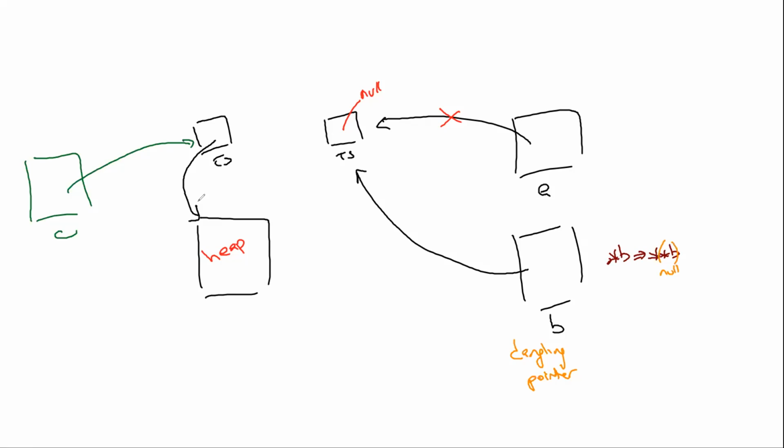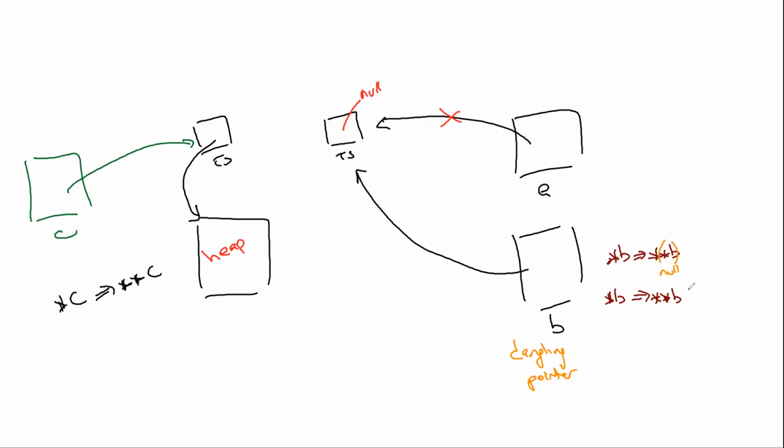Now notice what happened. If C tries to access, we get a double star C, which is perfectly legal, and you get the value. If at this point in time B tries to access, so we do star B, which again becomes a double star B, we still have a null pointer exception.